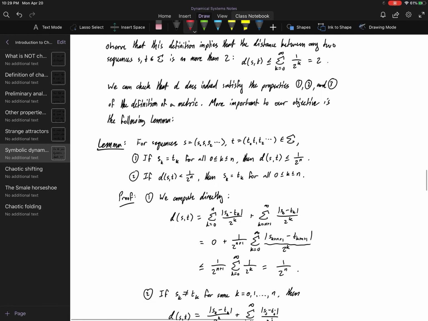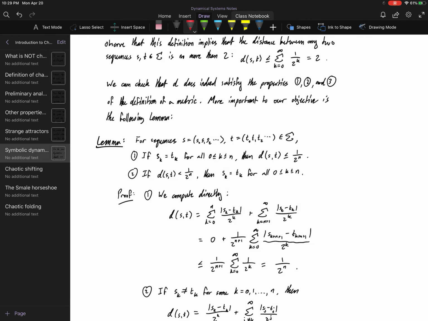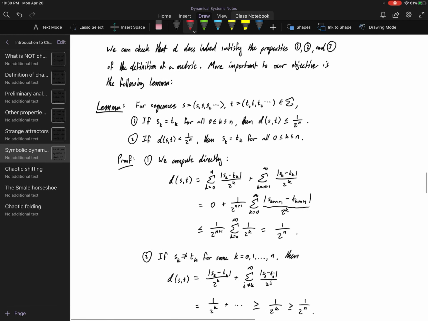What we are going to do in this second part, no pun intended, is start establishing this transferal of properties from lambda, this set of non-escaping points in our logistic map, to these properties about sequence spaces, and then showing that they're actually the same in a topological sense.